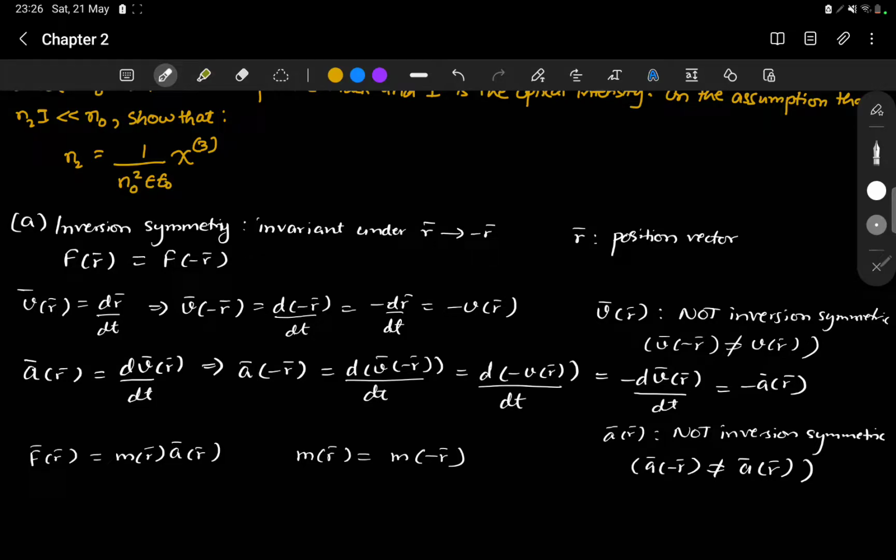Mass doesn't change under the inversion operation. So if we look at force at minus r, this would be mass times acceleration at negative r, and acceleration at negative r is nothing but minus acceleration at r. So this is minus f of r. Again, force is also not inversion symmetric.